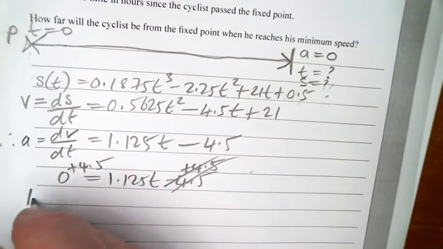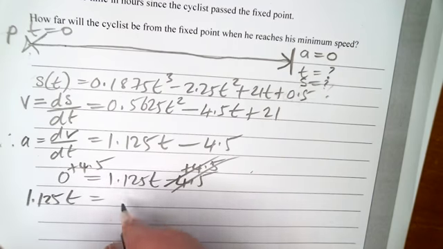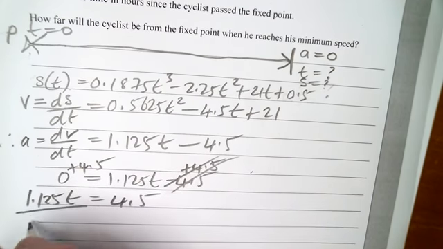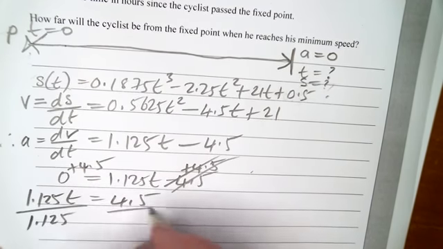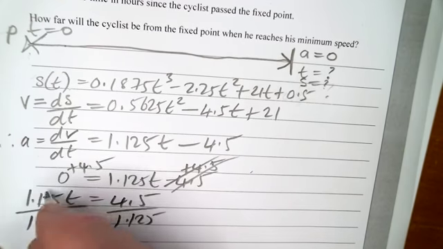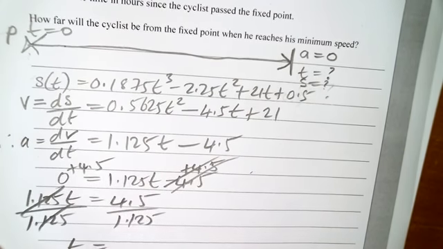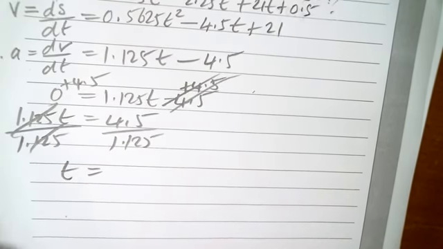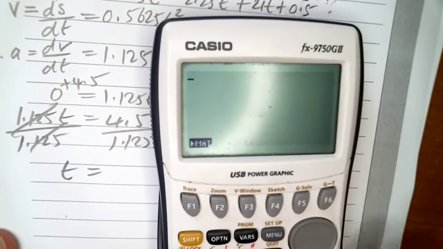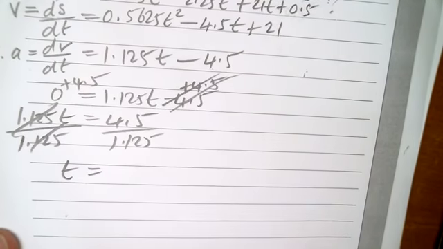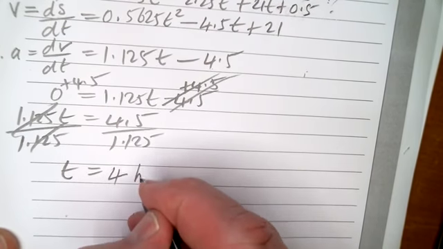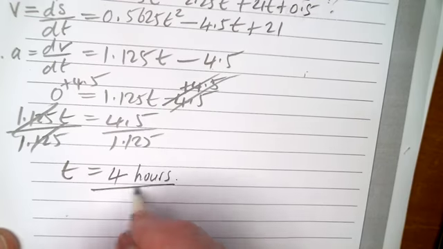So I've got 1.125 t is equal to 4.5. Dividing both sides by 1.125, t is equal to 4.5 divided by 1.125, which is 4. Fantastic. So that's 4 hours.